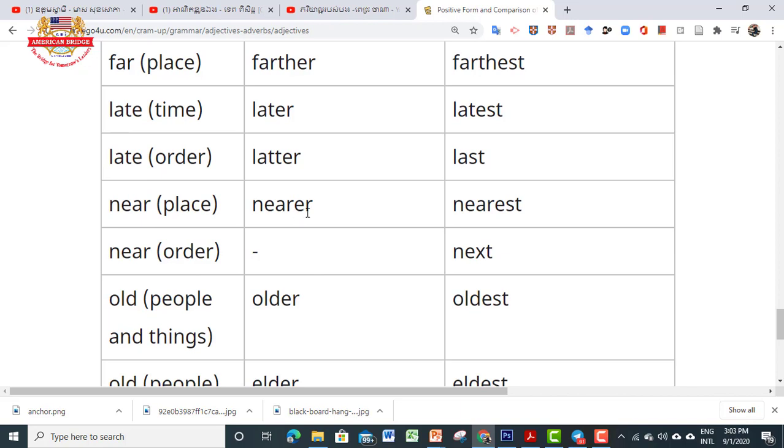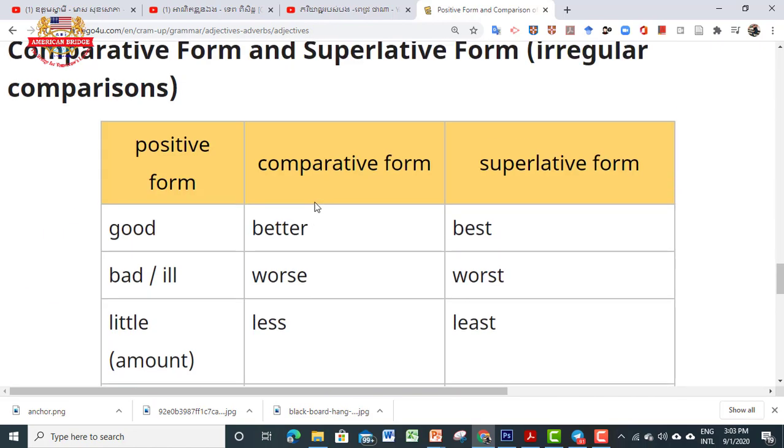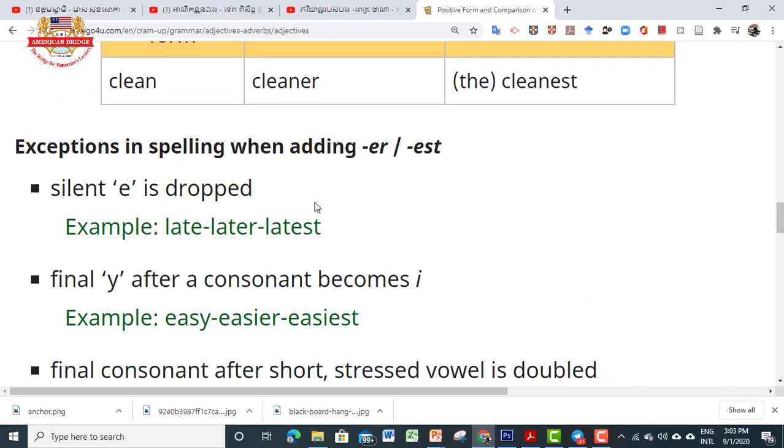If we talk about place, it's nearer and nearest. But if near is about order, it can be nearest and next. Old could be older and oldest. If we refer to people, it can be elder and eldest. So this is some extra adjective definition.